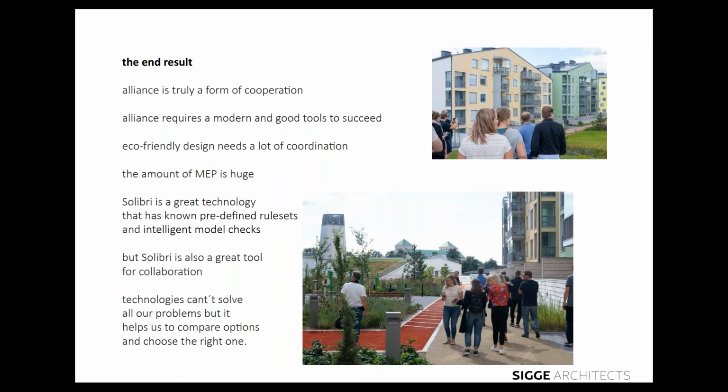Alliance model is truly a form of cooperation, so Alliance requires modern and good tools to succeed. Technologies can't solve all our problems, but they help us to compare options and choose the right one.